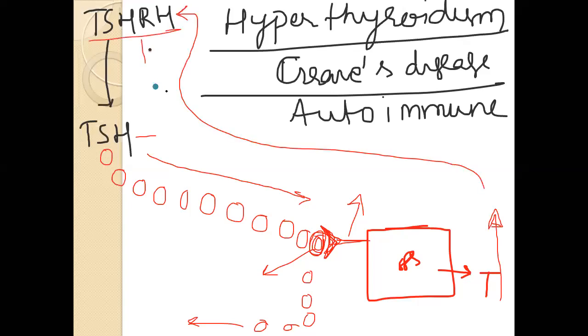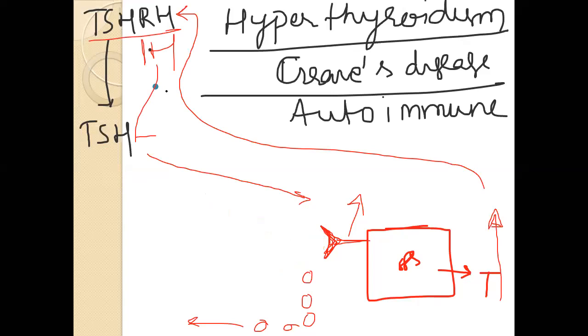The hypothalamus now secretes the hormone called TSH-IH, which stops the secretion of TSH. So no TSH will come here, which means thyroxine is going to decrease. That means the optimum level will be maintained. This is the general mechanism.